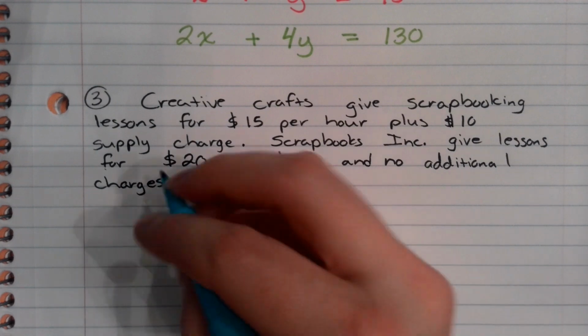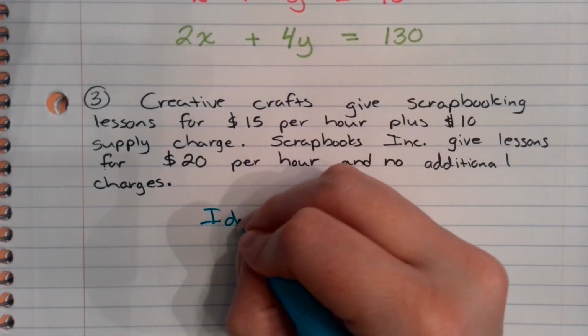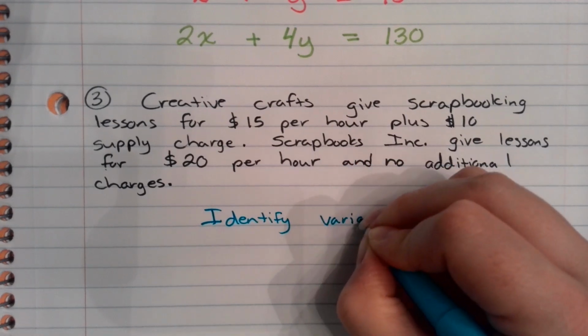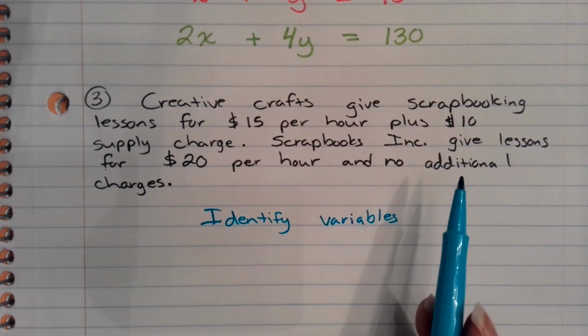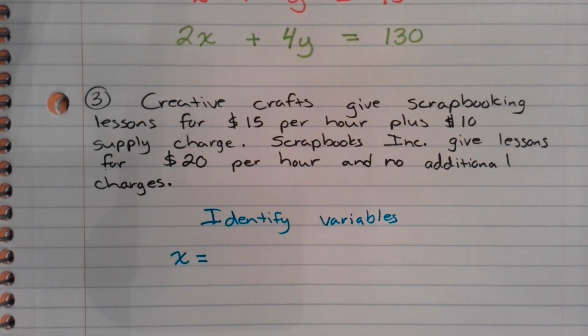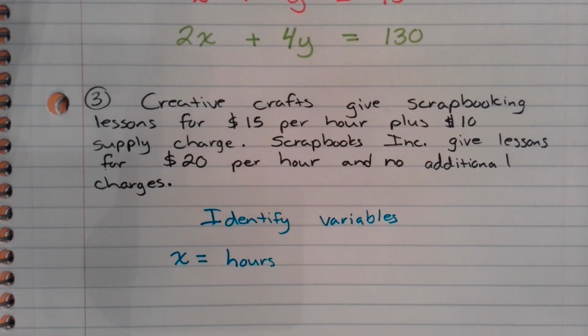The first thing that we want to identify are variables. So here, the things that I need to be focusing on, how many hours? How many hours of lessons am I going to be taking? So X can be representing the hours.